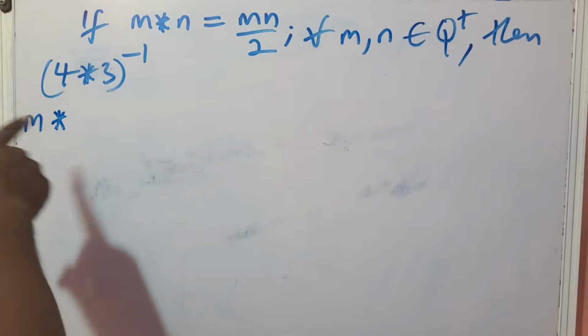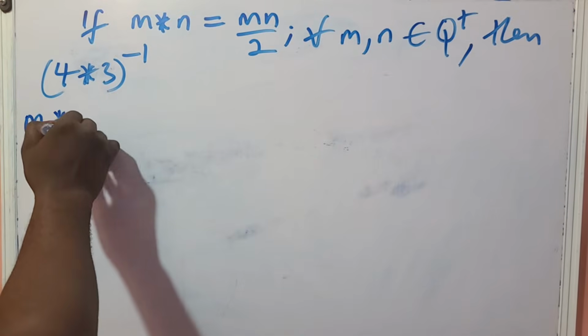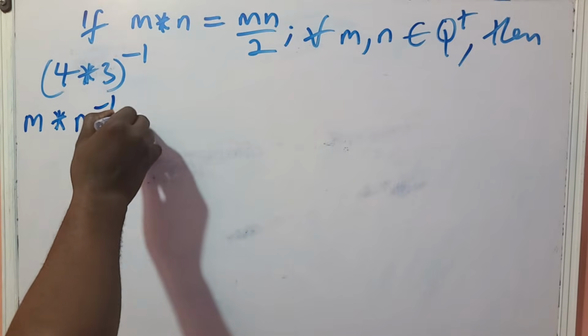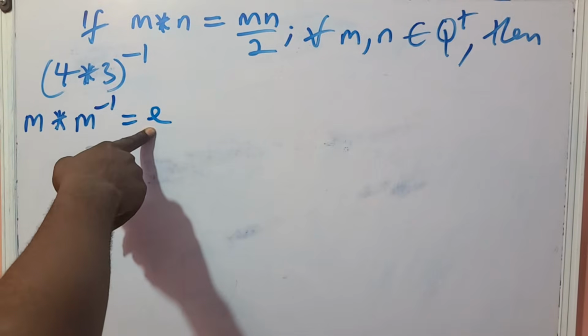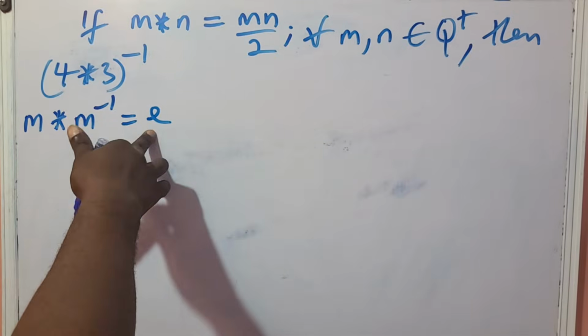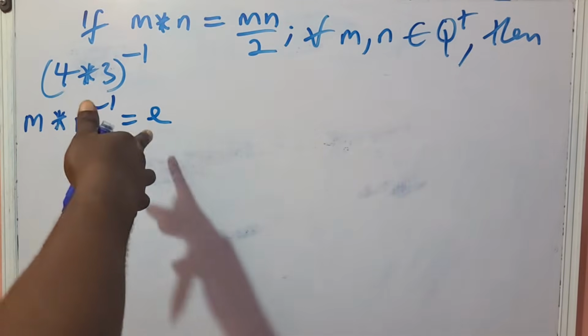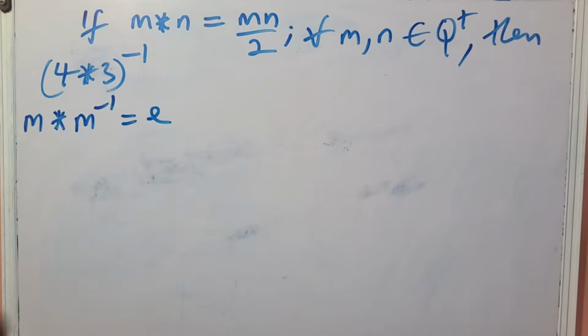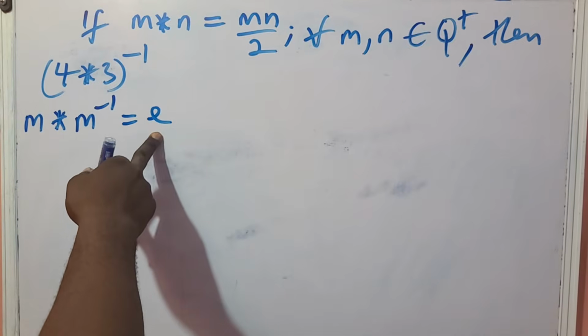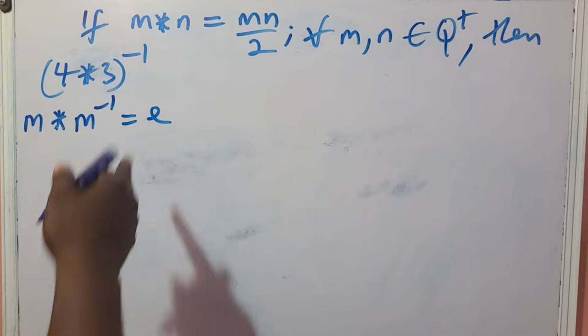But don't forget what I just wrote in the last question: an element star its inverse must always give you the identity element. In binary operations, we represent the identity element with E in many cases. If you use a different representation, just make it clear what you are representing it with. But we have been majorly using E.